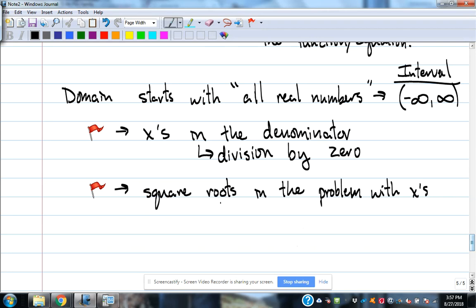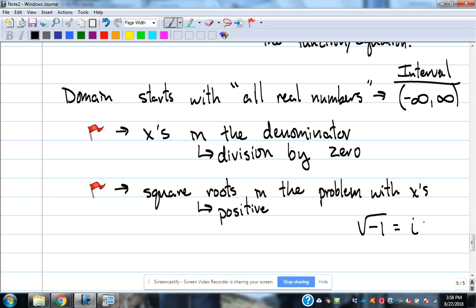Okay. Square roots, we can only take square roots of positive numbers. When we're talking about domain, all of this relates back to graphing things on the coordinate plane. It's what it all relates back to. And the x-axis on the coordinate plane is only real numbers. If you remember from your Algebra 1 or Algebra 2 course, if you took the square root of a -1, y'all remember that was i? Y'all remember seeing that sometime in your life?